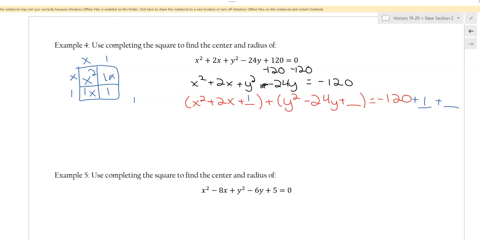For my y's, same type of thing. Negative 24y divided by 2. So I have negative 12y and negative 12y. All right, we're splitting that into 2 boxes. So I have negative 12 and negative 12. If I multiply those together, I get 144.